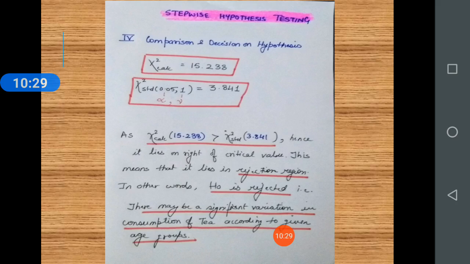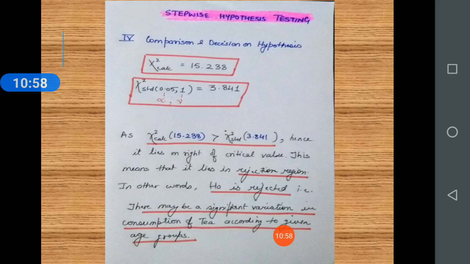Now that we have our chi-square calculated as 15.238, we need to compare the calculated and the standard values of chi-square and accordingly decide upon the hypothesis. The chi-square standard value has to be checked from the chi-square table for a level of significance equal to 5% and the degree of freedom equal to 1.